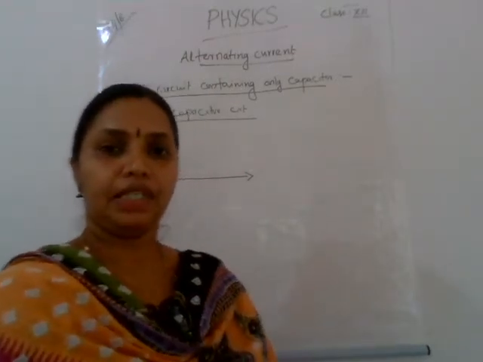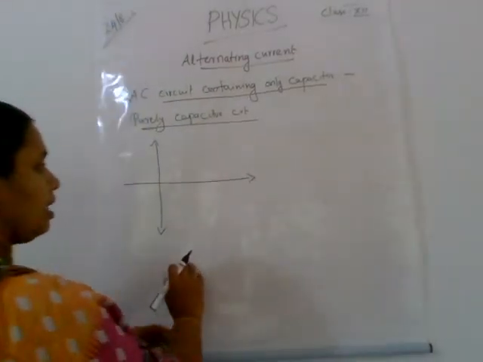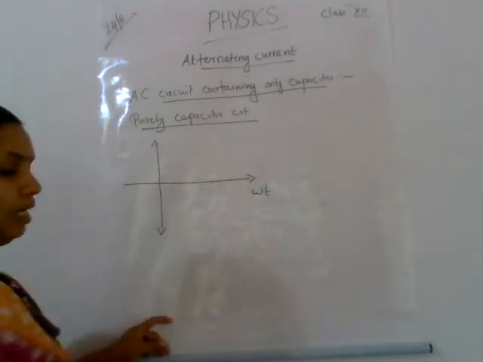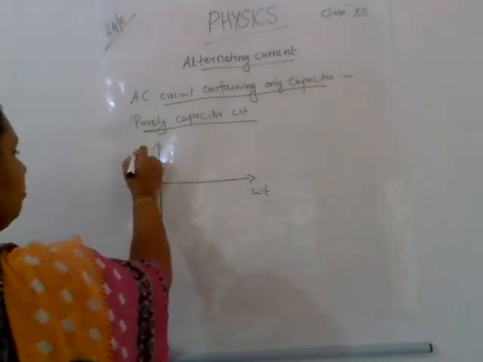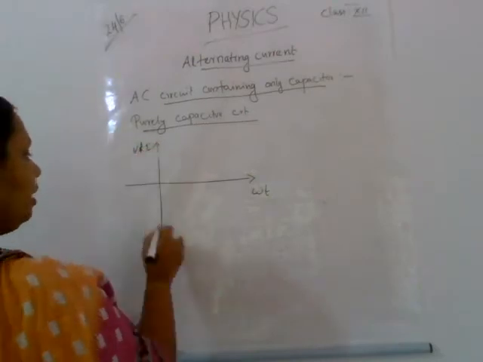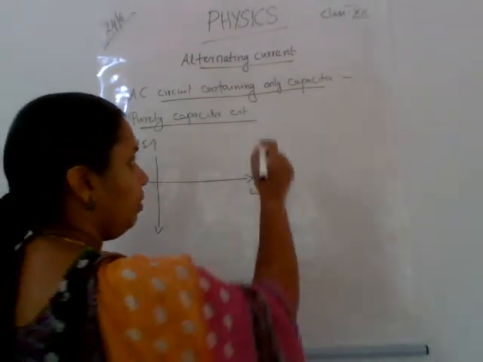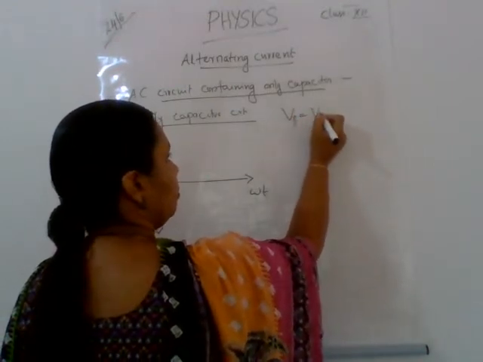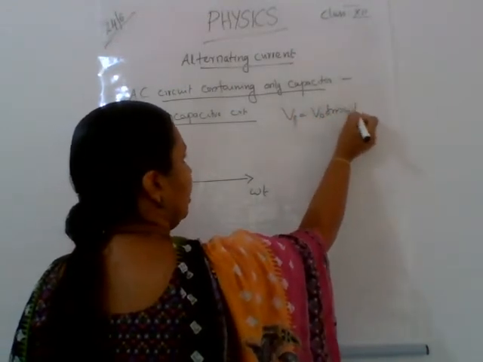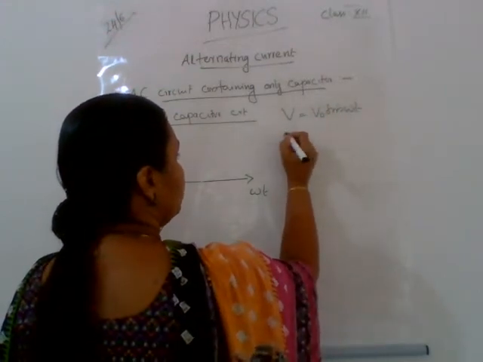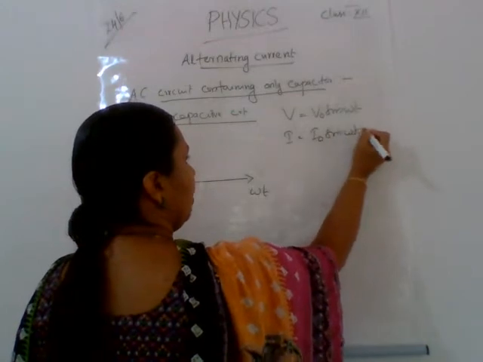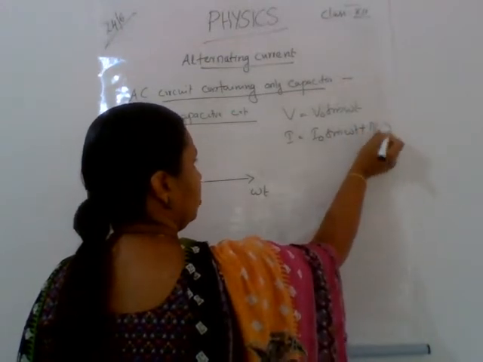For the graphical representation, take an x-axis and a y-axis. This is omega t, and along the y-axis we can mark the EMF voltage and current, V and I. And what is the equation? V equal to V0 sin omega t, and I equal to I0 sin omega t plus pi by 2.